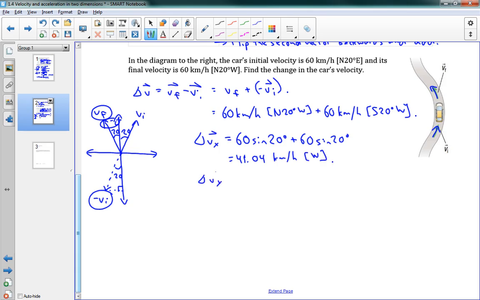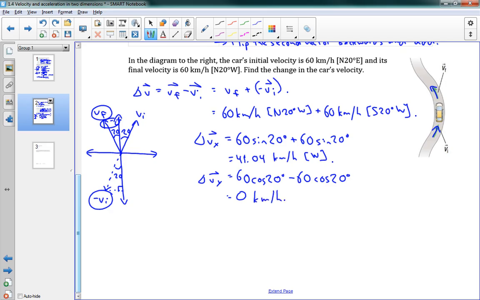Delta Vy, you can see that I have now 60 cos 20 degrees for Vf. That's going upwards, and then the other one is going downwards, so I'm going to be doing a subtraction. So minus 60 cos 20 degrees. You can see that they actually just cancel each other out, and we get 0 kilometers per hour.